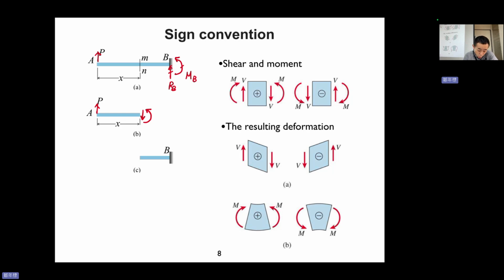So these two arrows I added here are the shear and moment at that point and at that section.